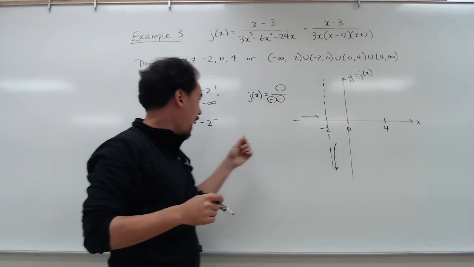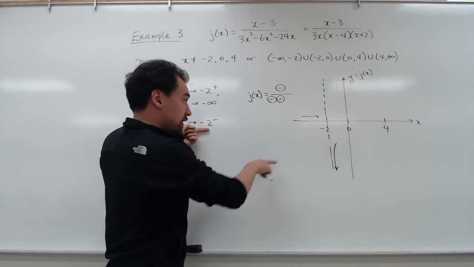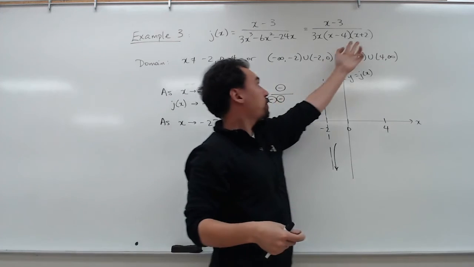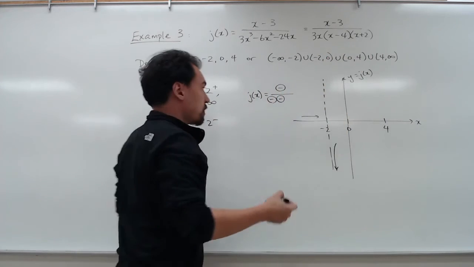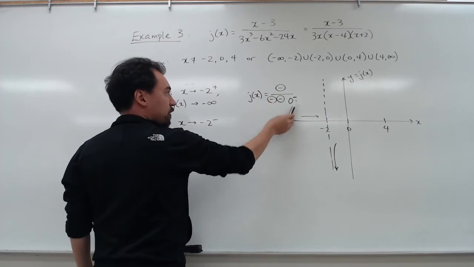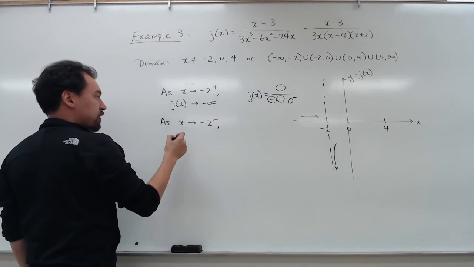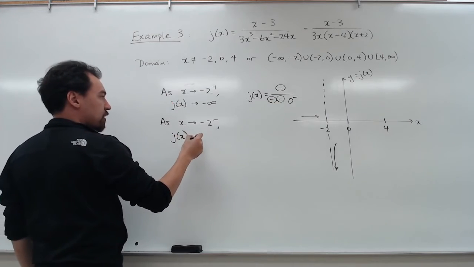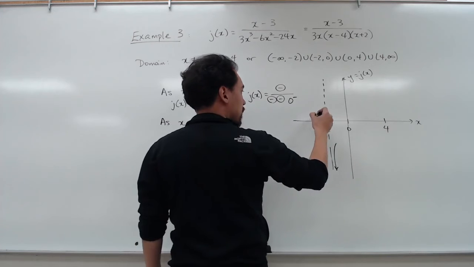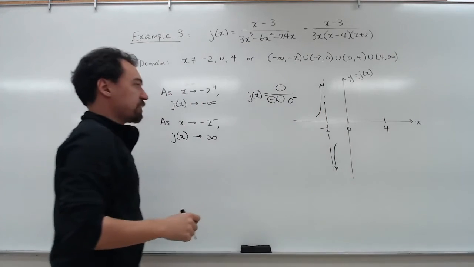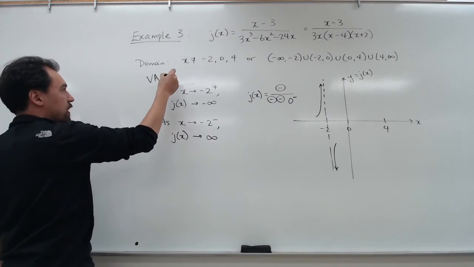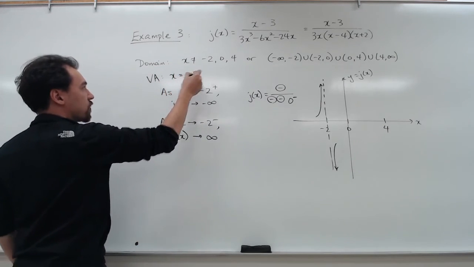This time my x is a little bit less than -2, like -2.001, plus 2, I'm still negative. So I'm close to 0, but negative. Now, on the top negative, on the bottom negative, overall that division gets me, j of x goes to a huge positive number. So I approach positive infinity.